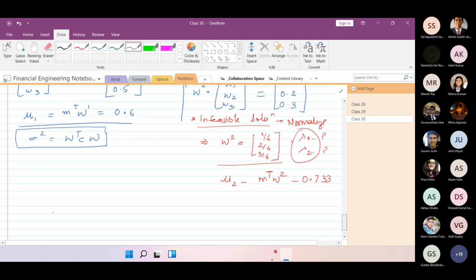So now, suppose we already have two solutions. Do we have two solutions for mu1, mu2, and their corresponding weights for a risk? Yes or no? We already got. How many of you agree that we already have this solution?